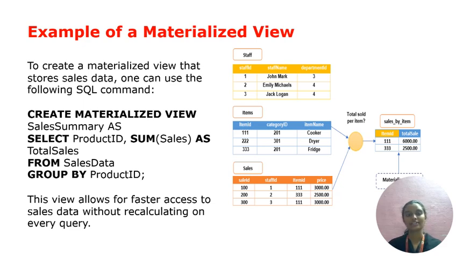This is done by creating a view which is the materialized view, and here we are selecting the product ID from the sales data. As you can observe, by using both the items and sales relations and combining the sales as total sales, we are providing an output which is the materialized view, that is the item ID and the total sale.